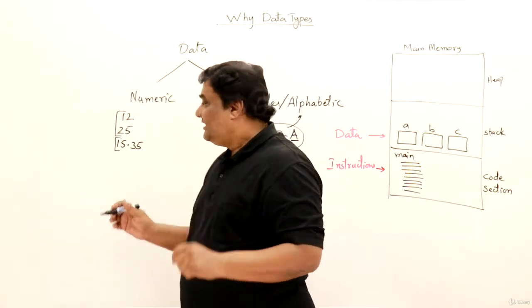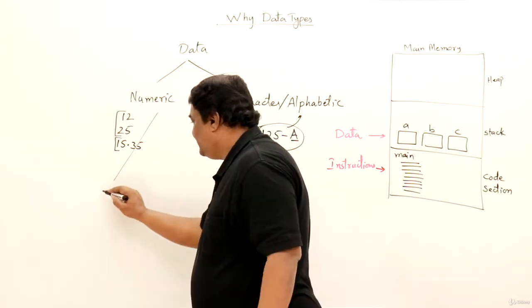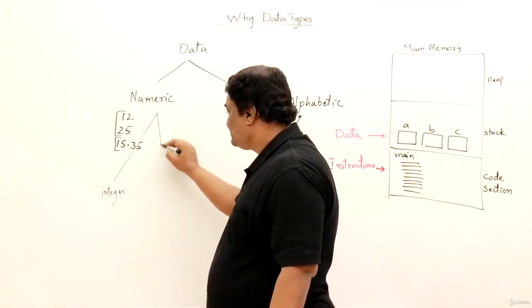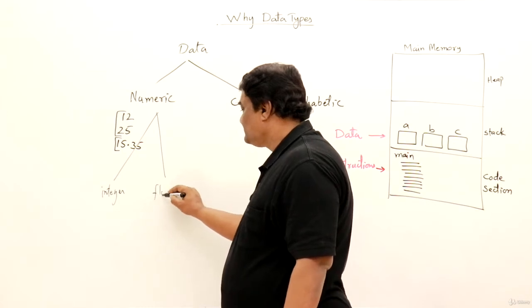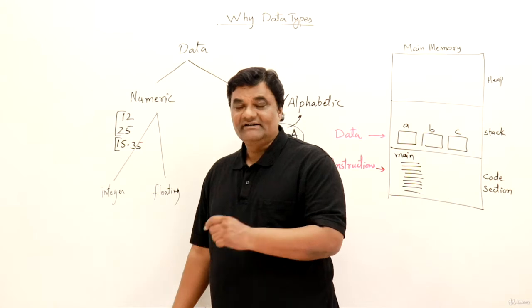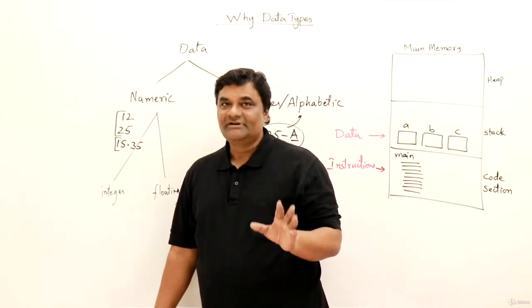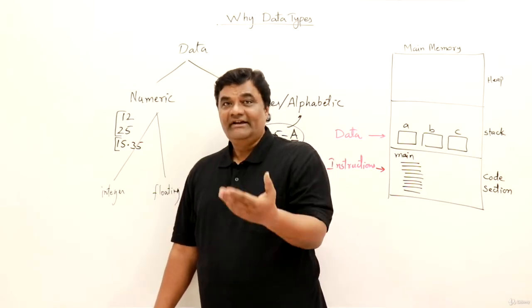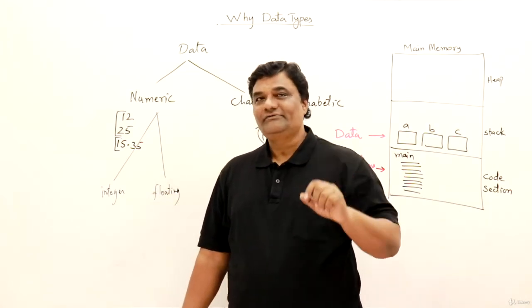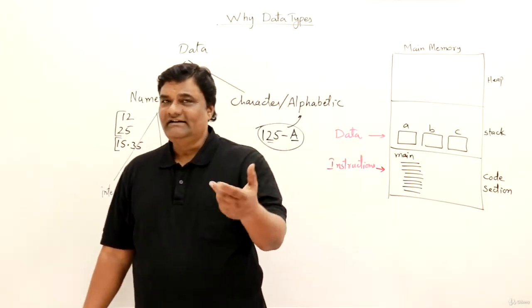So I will categorize numbers as integer, that is without a decimal, and floating point, that is with a decimal. Floating point means decimal only. The approach of representing a decimal number is called floating point. This you will understand later.